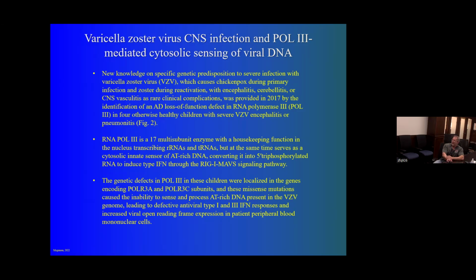So because we're having this deficiency in RNA polymerase 3, this means that we don't have the detection of these AT-rich viral DNA segments, which means that we get an insufficient response. The immune system can't really respond and produce the proper molecules, and this leads to a dramatic increase in the amount of viral replication that's occurring.